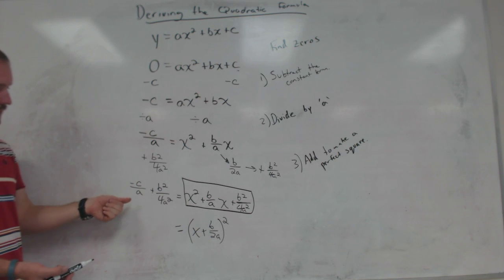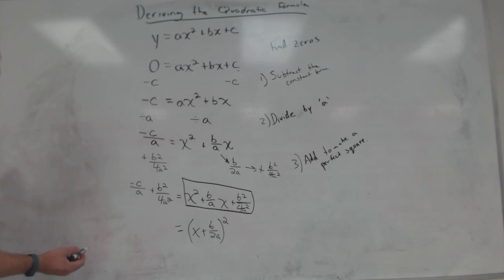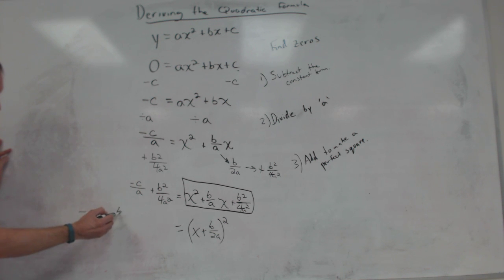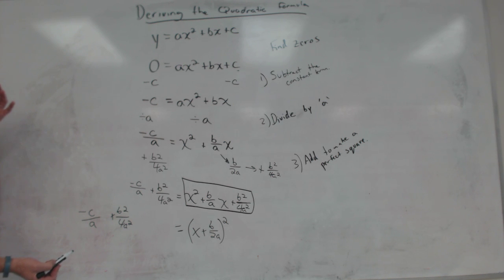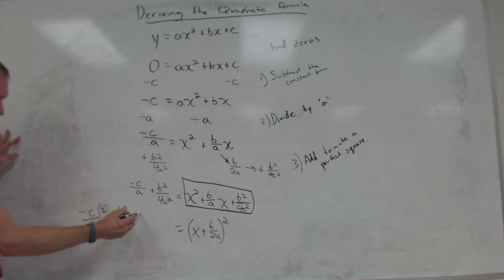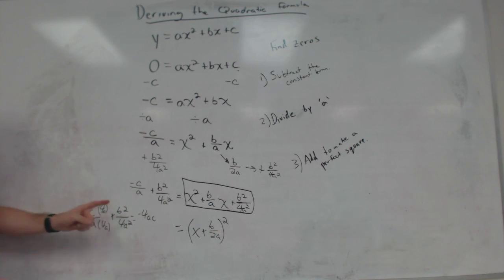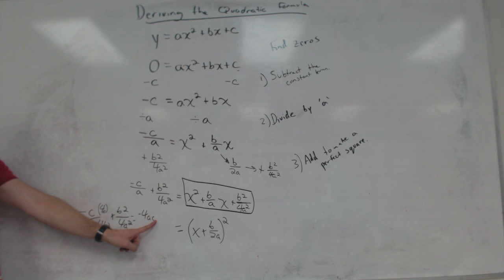I am now going to try to combine this. So I'm going to do this in a couple steps. So I'm going to start way over here. I have negative c over a plus b squared over 4a squared. In order to combine those, I need to multiply this times 4a over 4a. It's going to give me negative 4ac. I'm just writing this in alphabetical order essentially.